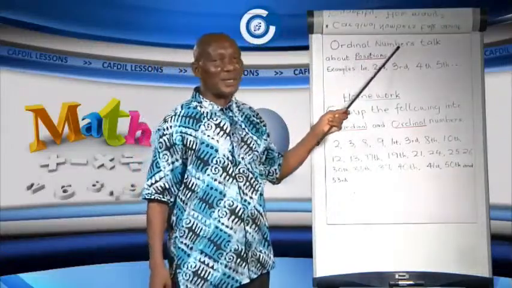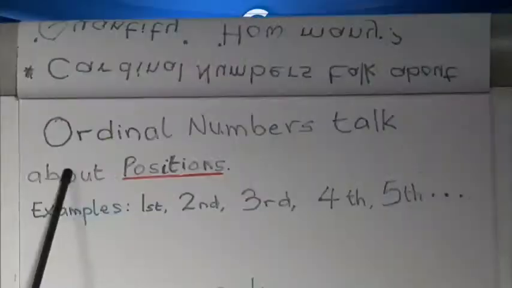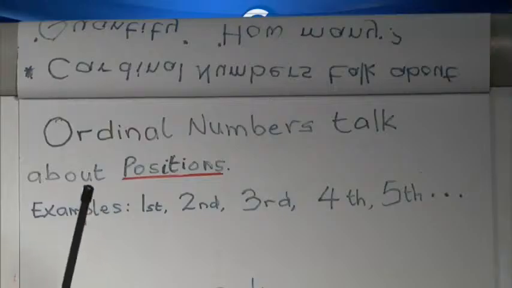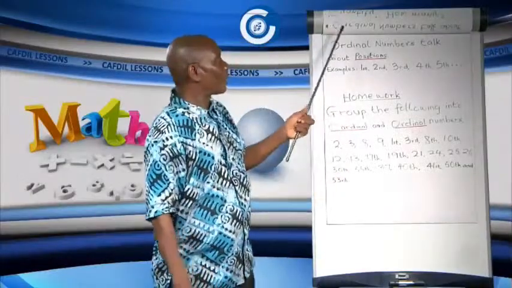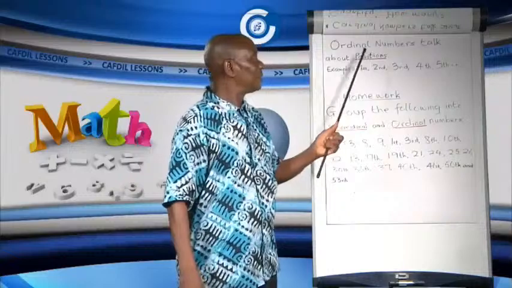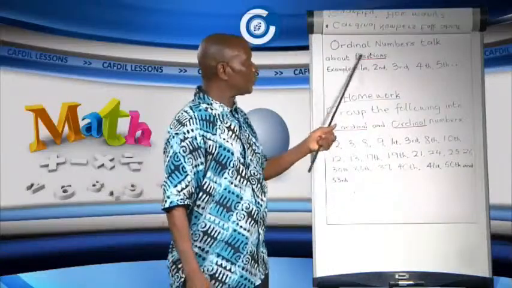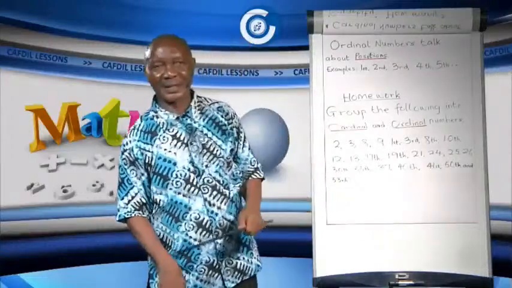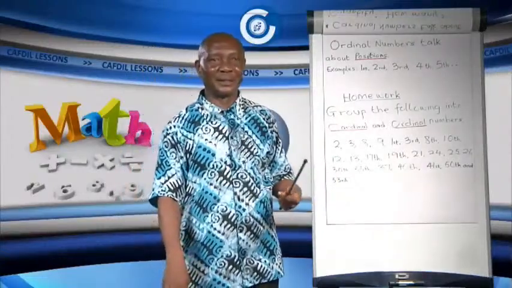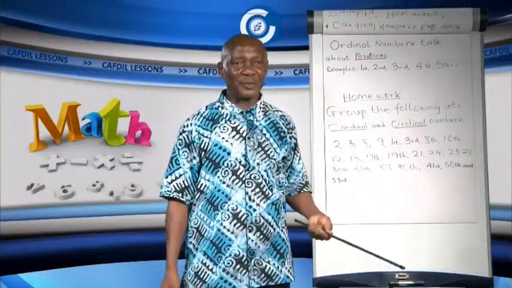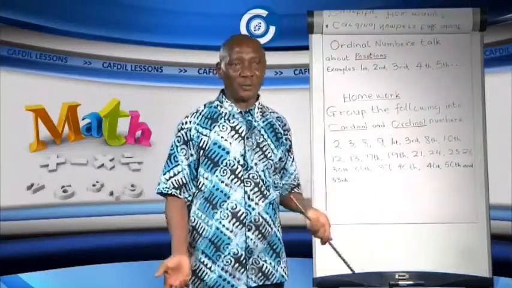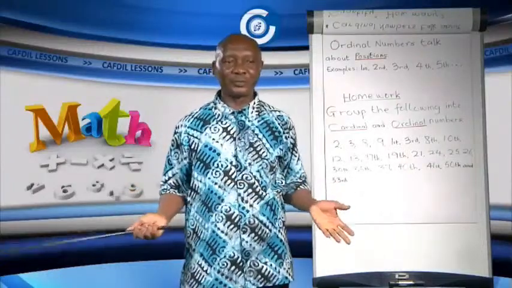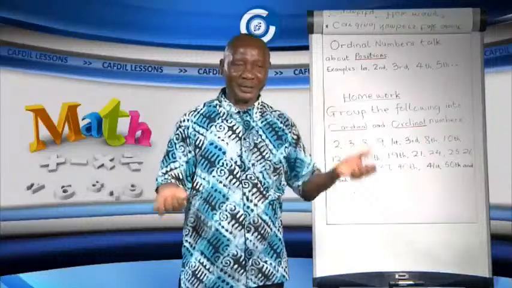Ordinal numbers talk about positions. It is not only in competitions, exams that we talk about positions. In competitions, like singing competition, football, netball, all schools, you gather and you play the football.